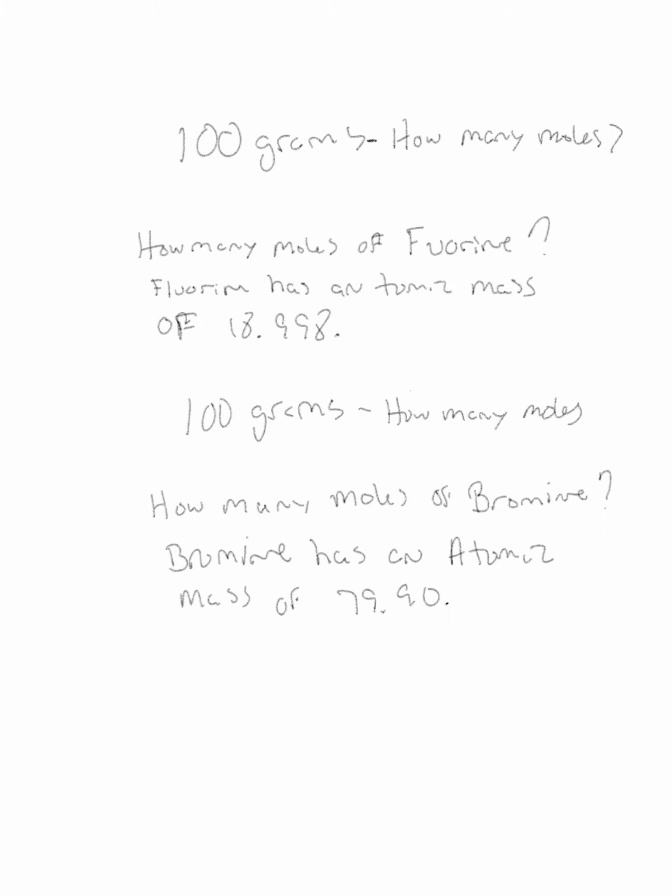All right, so let's apply this to masses. If I have 100 grams of fluorine, how many moles of fluorine do I have? Fluorine has an atomic mass of 18.998.